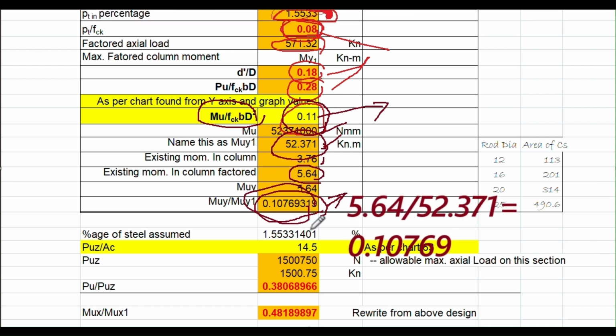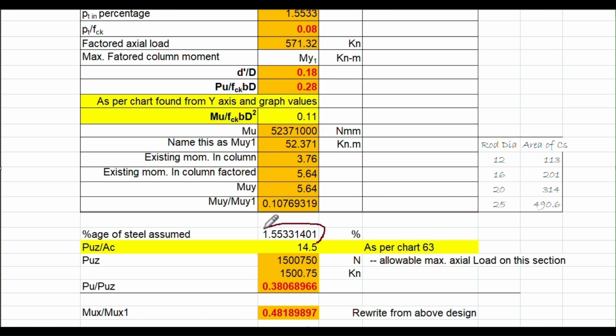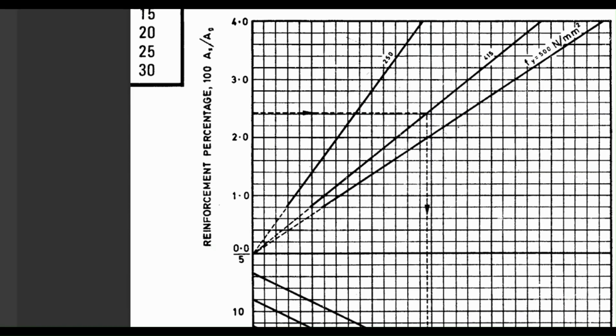Okay. Now after completing these things, we are going to another chart. The percentage of reinforcement we have provided is 1.55 percent. Chart number 63 we need to go for the design in biaxial bending. This is chart number 63.